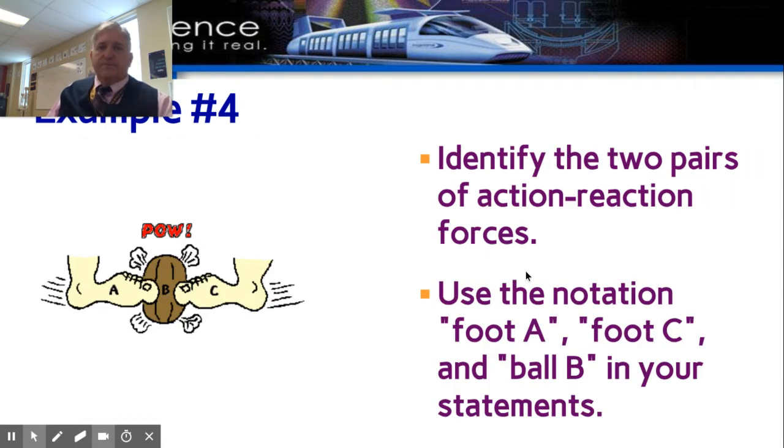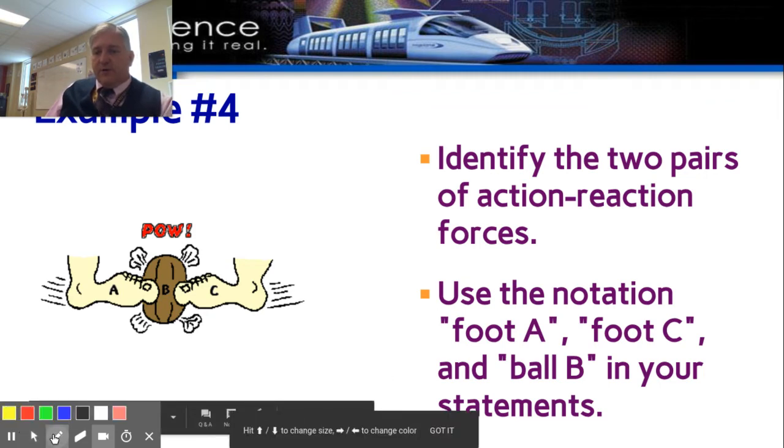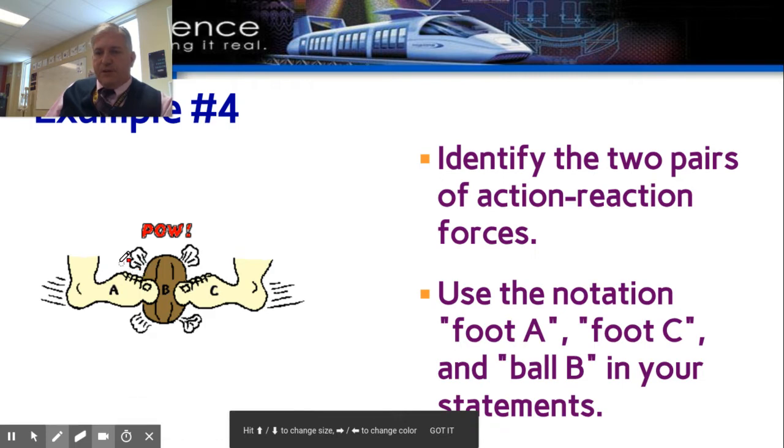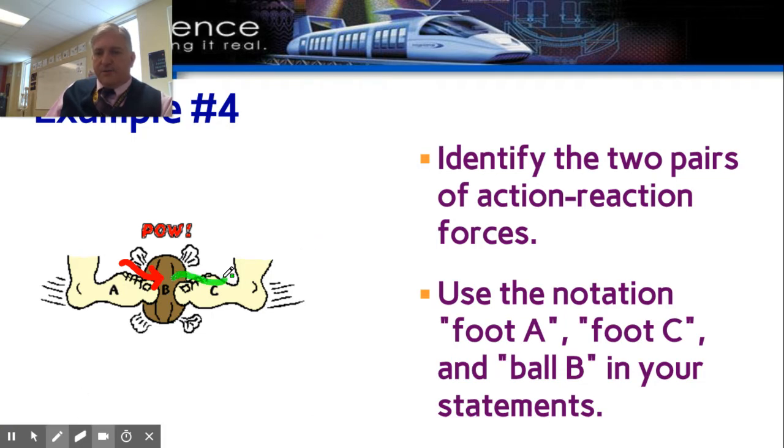So let's look here. Identify the two pairs of action-reaction forces. Use the notation foot A, foot C, and ball B in your statements. As we look at this, we can draw a little bit. You see that here is foot A, and it's pushing this way. Let's change colors. And foot C is pushing this way.